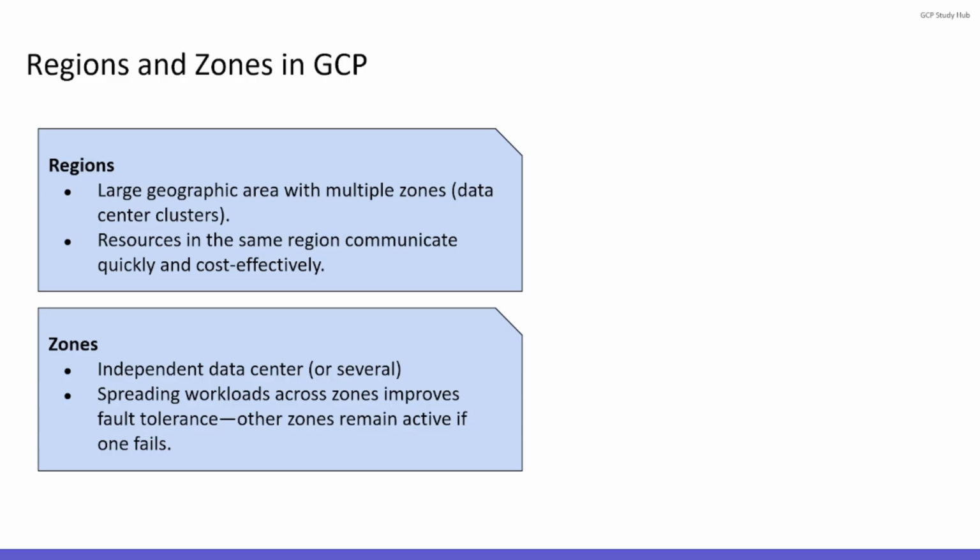These zones are designed to operate separately, meaning if one zone experiences an issue, the others within the same region can continue running. Distributing workloads across multiple zones within a region is a common practice to ensure fault tolerance. Essentially, your system stays up even if a zone goes down.